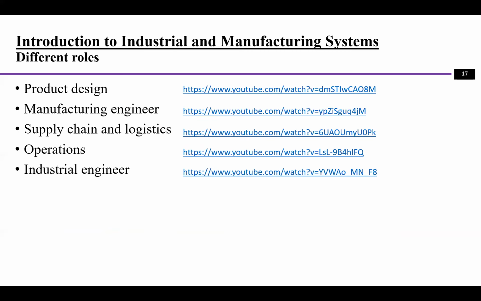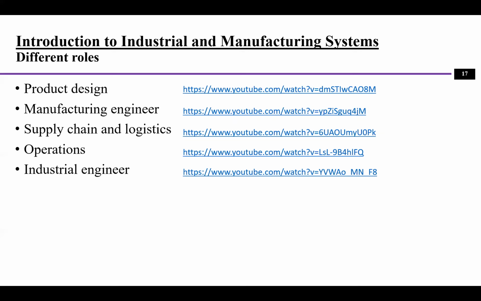So this is a manufacturing system that has something in common, regardless of what type of manufacturing system it is. And in the manufacturing system, there are also different roles. You can see some people might work as the product designer, some people might be the manufacturing system engineer, some of them can be, say, supply chain and logistics. Some people may be the scheduler, or maybe operations manager, or some of those can be continuous improvement to improve the efficiency or conduct analysis, for example, industrial engineers.